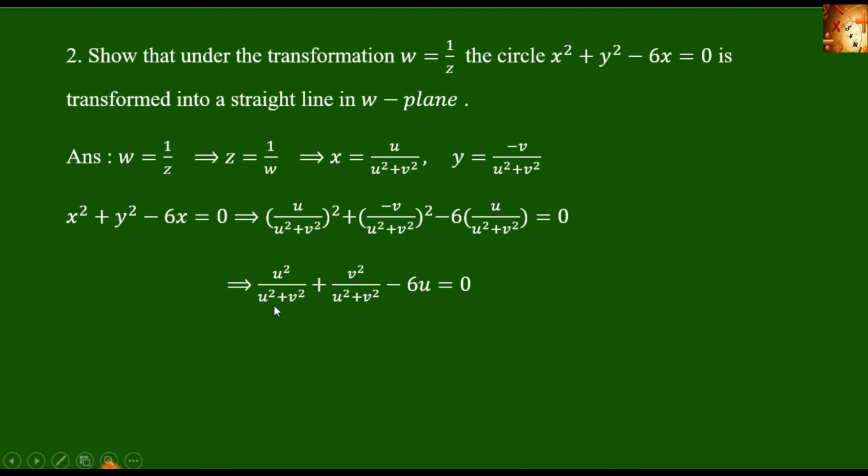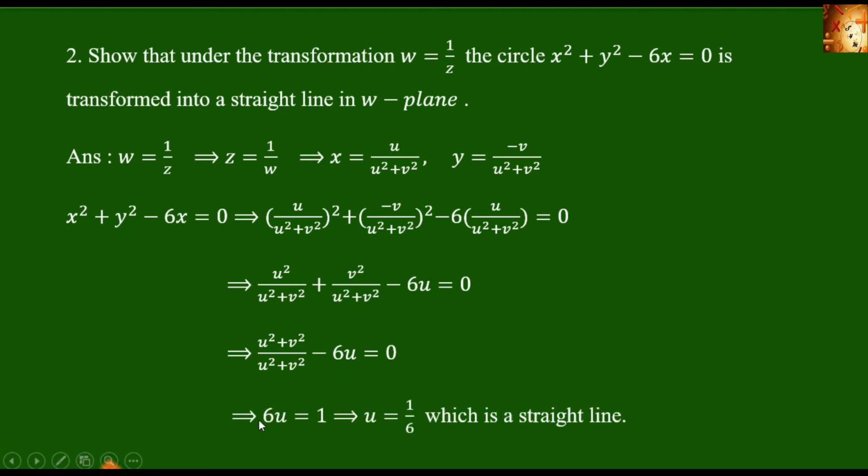Here the common denominator, so u square plus v square divided by u square plus v square minus 6u equal to 0. On cancelling we get 6u equal to 1, which implies u equal to 1 by 6, which is a straight line in the w plane. So the circle in the z plane is transformed to a straight line in the w plane under the transformation w equal to 1 by z.